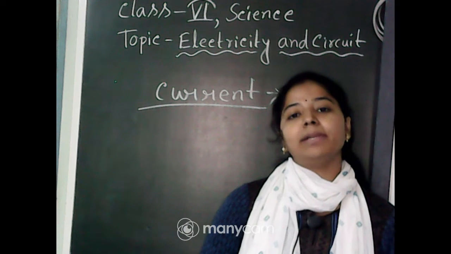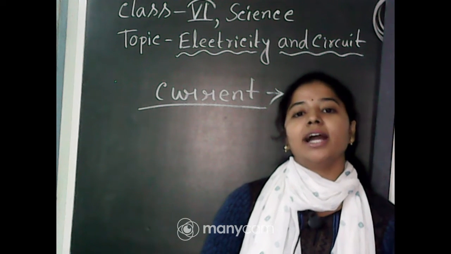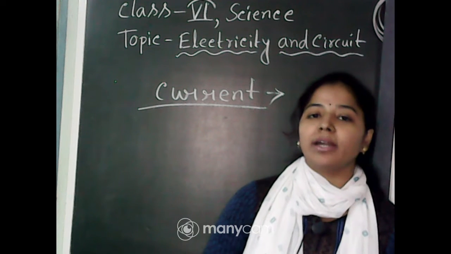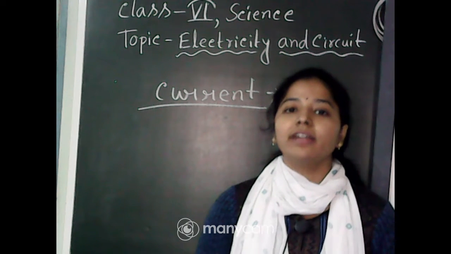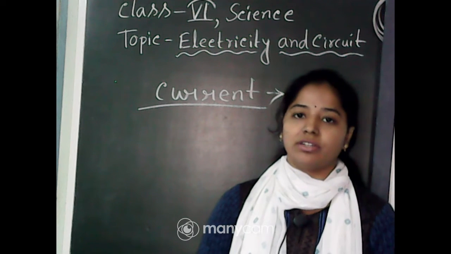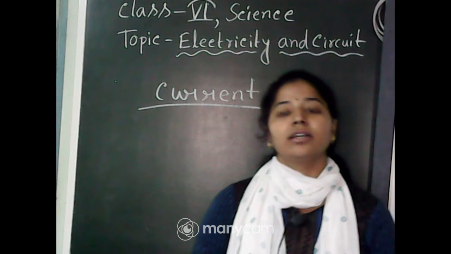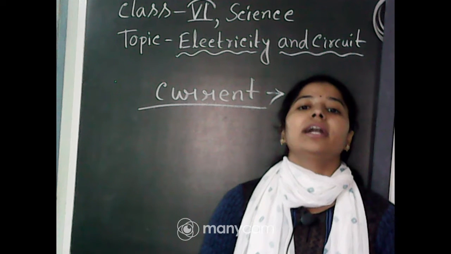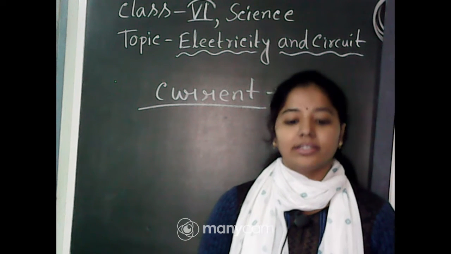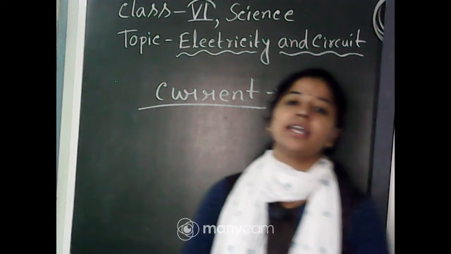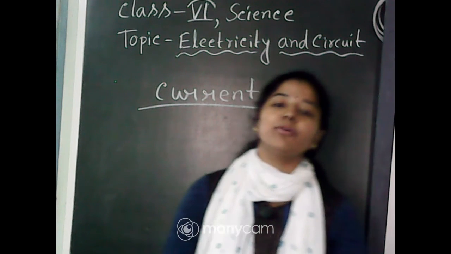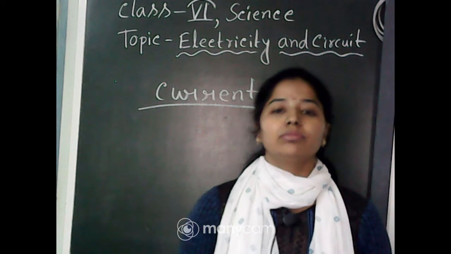In a simple definition, you can say that current is the flow of particles in a particular direction, okay. When there is flow of particles in a particular direction, that is known as current. So, when we say water current, it means water is flowing in one direction.